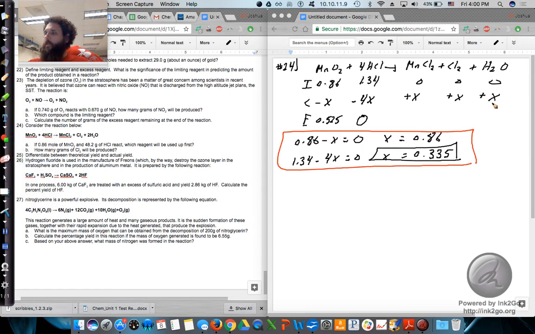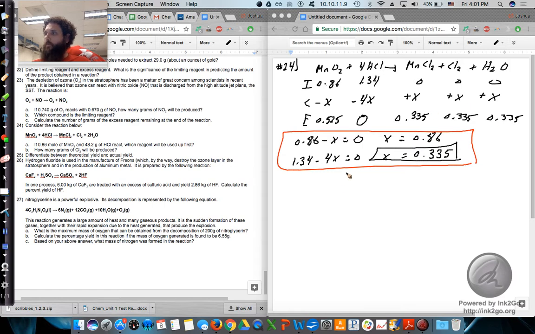So over here we have the exact same stuff. We're just adding, so we end up with 0.86 across the board. Oh, sorry, I was looking at the wrong one. 0.335. All right, and there we have it. Now the problem says how many grams of the chlorine would be produced.